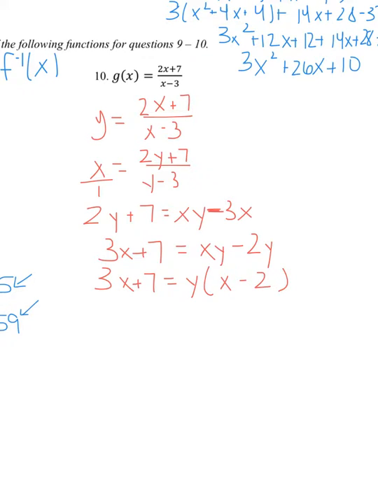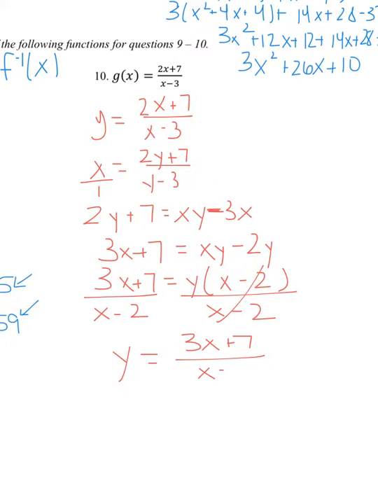So now to get y by itself, I divide by x minus 2. So this cancels. I get y equals 3x plus 7 divided by x minus 2, but I'm going to remember to write it in the correct form. So the inverse of g of x equals 3x plus 7 divided by x minus 2.